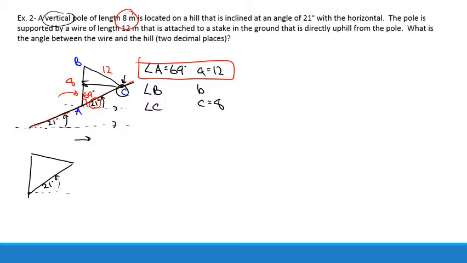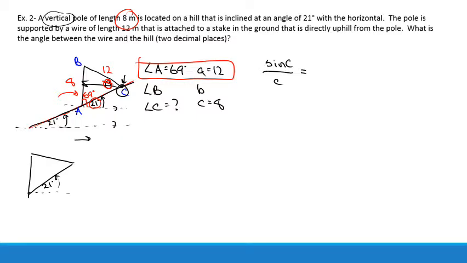What is the angle between the wire and the hill? So I'm actually looking right here. So that ends up being, I'm sorry, I meant to actually use another color there, so it stood out a little bit right here. Ends up being angle C is what I want. I want to know angle C, so I'll put a little question mark there. All right, so you can use a sine law however you want to do it. I'm going to use it the way I like to do it, one of my Troyisms. I like to put whatever I'm looking for in the top left, and that way I have a little bit easier of a time solving.